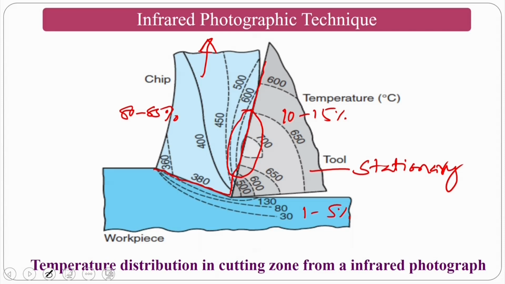At the same time, it is imparting the heat continuously, and it is also rubbing here, because of which normally the temperature recorded in this region will be very high. So that is why the temperature in this region is very high, because of the friction, and at the same time because of the chip, which is having the highest temperature, moving on the rake surface.